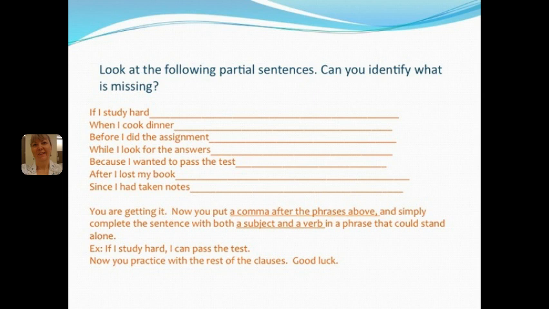While I look for the answers. Because I wanted to pass the test. After I lost my book. Since I had taken notes.